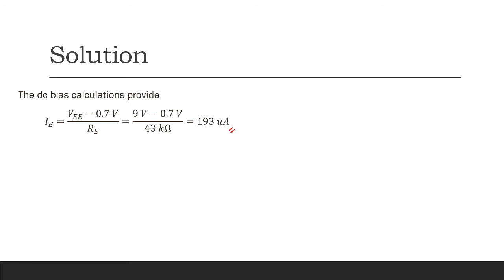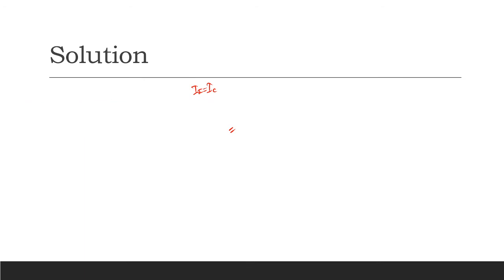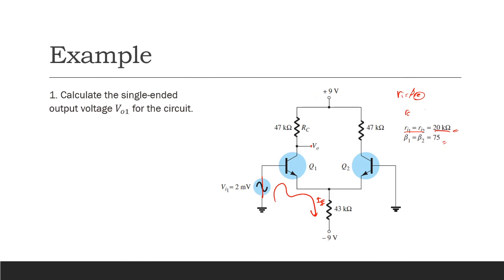Now, take note, ang isang kinakalituhan ng mga estudyante is that they consider IE, ini-equal nila sa IC agad-agad. Now, sa differential amplifiers, hindi ganun basta-basta kasi we need to look at the circuit. Ano ba yung tinutukoy natin na IE? Yung iba, para hindi malito, instead of using IE to describe the current at this point, tinatawag nila to na IT or tail current.